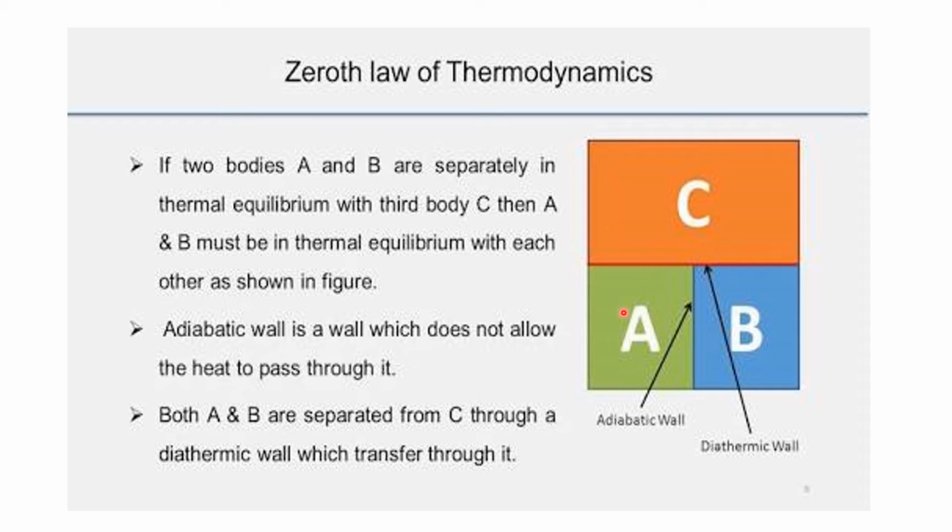Diathermic wall means it allows energy in the form of heat to flow from A to C. As both the temperatures are the same here, there is no flow of heat because both are in thermal equilibrium with each other.